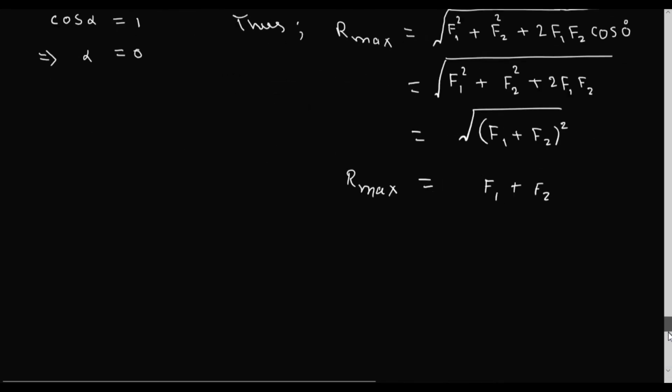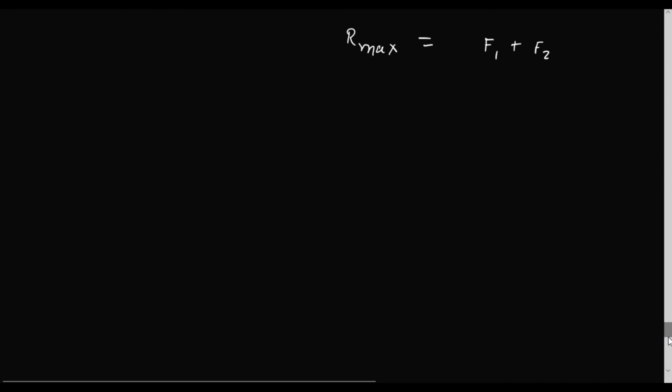Now we want to find the minimum value of the resultant. In order to find it, again we take the previous equation. This will be our case 2. We write equation 2. What was equation 2?